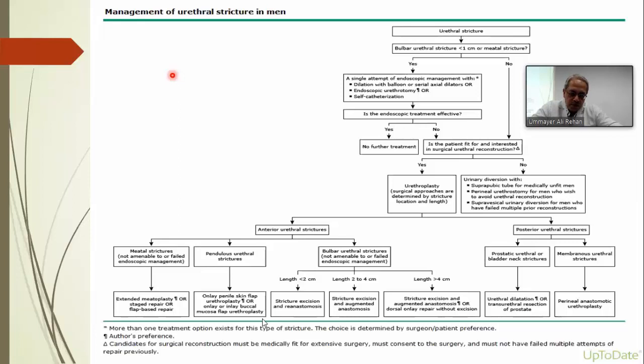So I will post this on the WhatsApp for Jamal to have a second round presentation after maybe 1 or 2 weeks, and it would be on urethral trauma from the EAU guidelines. It may not be too big, but it is a very comprehensive review, and it will give us all a brief idea of what the etiology of stricture urethra is.